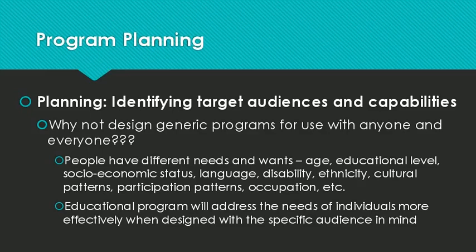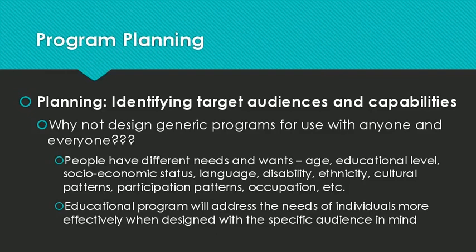So the next phase in the planning process is to identify our target audiences and capabilities. And so you might think, why don't we just design these generic programs that we can use with anyone and everyone and just have this packaged product that we can just roll out to anybody? The reason that we don't do that is that within each county, and after conducting our needs assessment, we realize that everybody has different needs and wants.